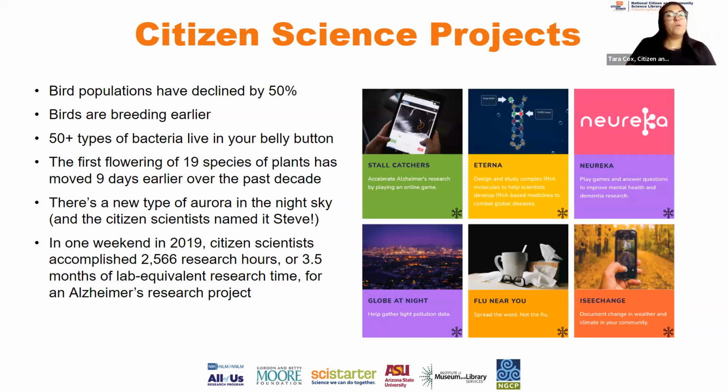It's asking folks to go out and measure light pollution, which helps us identify where we have light pollution, which has lots of different effects, from sleep to stargazing to bird migration. And then there are ones like I See Change. You may be familiar with some of those the most. That's about going out and using your eyes and ears and your senses to collect information about your local environment and take photos and upload them so that scientists can see what's going on in places that they are not.